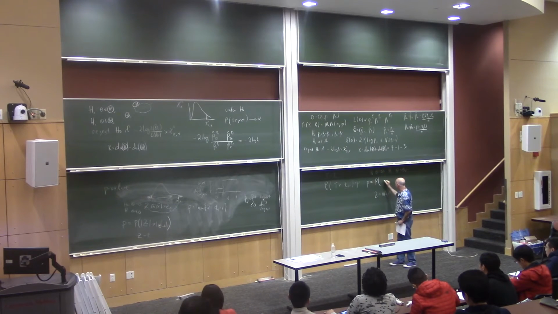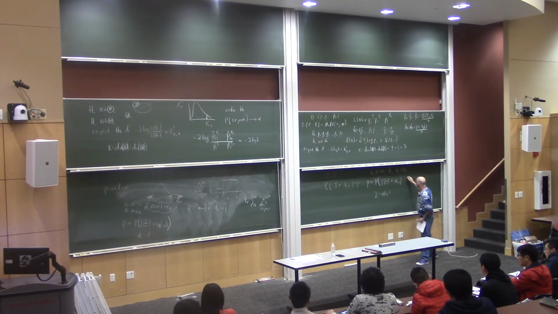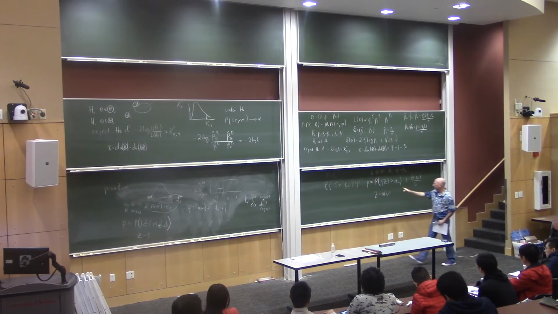So it's the probability that a new draw from a standard normal is bigger than your observed test statistic, which I'll just call the observed, where by that I just mean theta hat minus theta 0 over the standard error. This is the actual formula for the p-value.